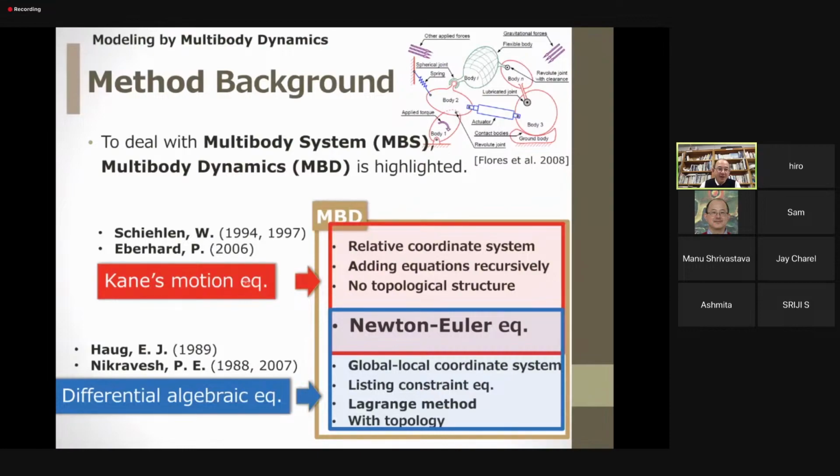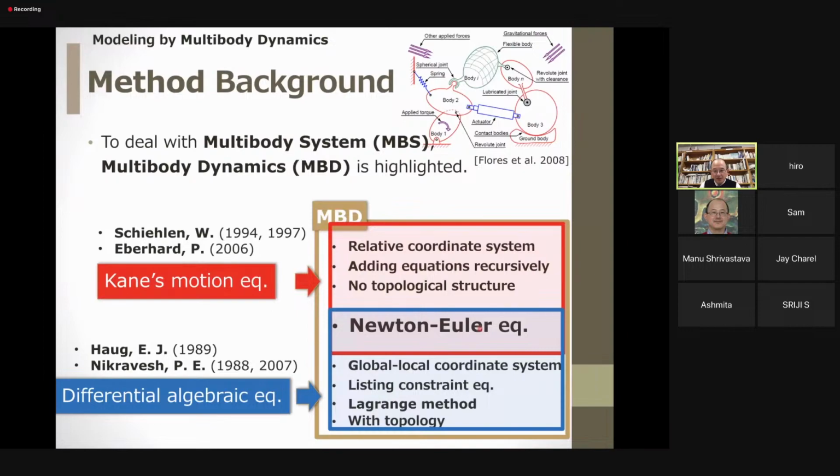Kane worked at NASA, launching rockets, controlling the motion of the machine precisely, even in space. Then Schiehlen and Eberhard proposed a combination of relative coordinate systems, adding equations recursively.